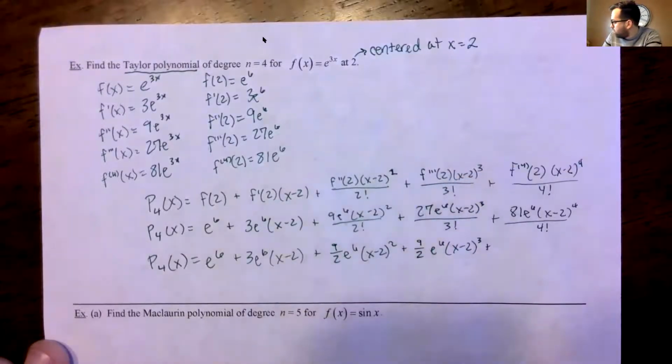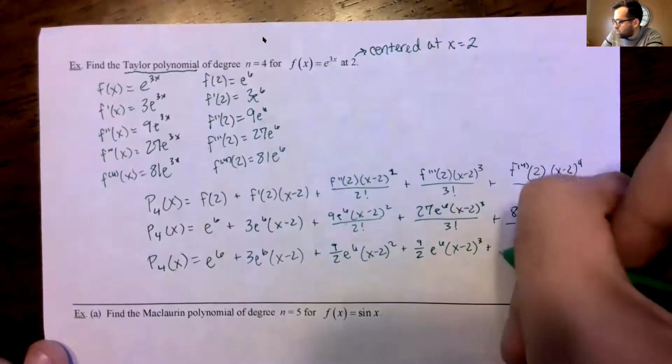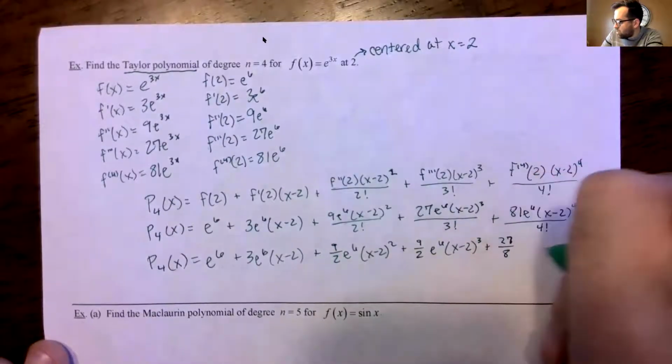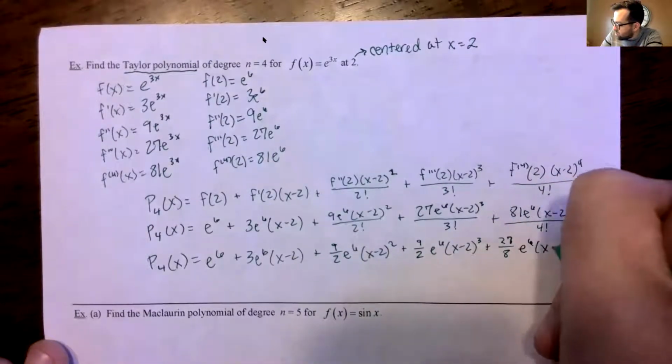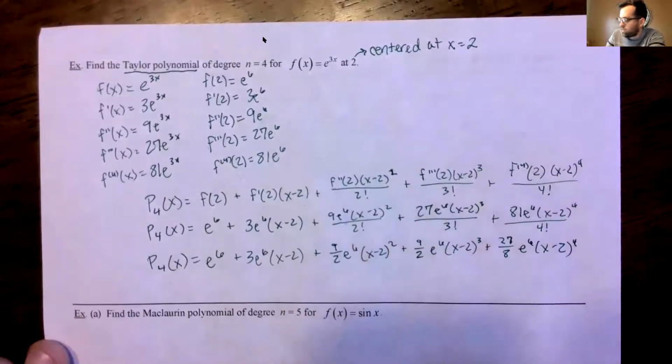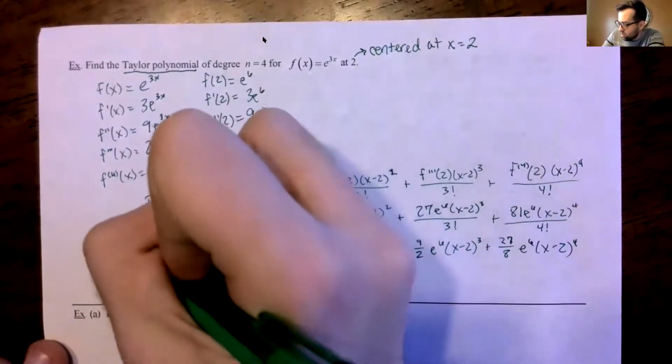And then 81 over 24 reduces to 27 over 8, e to the 6th times x minus 2 to the 4th. All right, so that's the final answer.